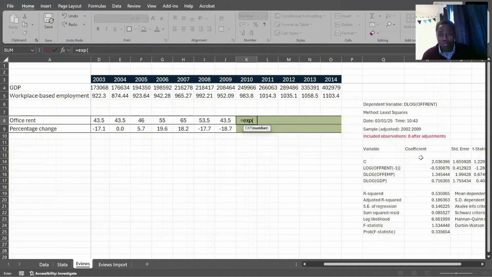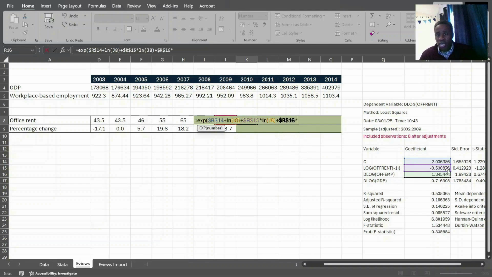I'm probably going to keep quiet whilst I do this because it's very difficult to put this in whilst talking at the same time. Log of itself plus, so these are just the coefficients I'm putting in, multiplied by these corresponding values. Multiplied by log of itself. I don't usually talk while I'm doing this, but in this instance, I guess I have to.